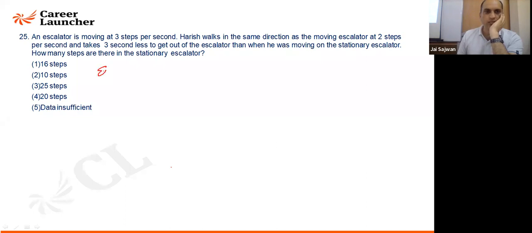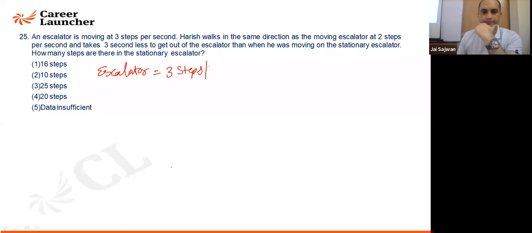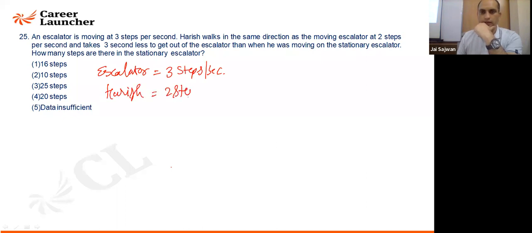Okay, the escalator is moving at the pace of 3 steps per second. Harish can walk at the rate of 2 steps per second. So he is taking 3 seconds less to get out of the escalator than he would on a stationary escalator.